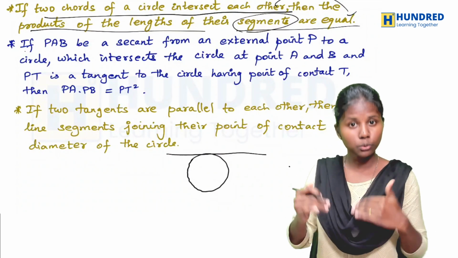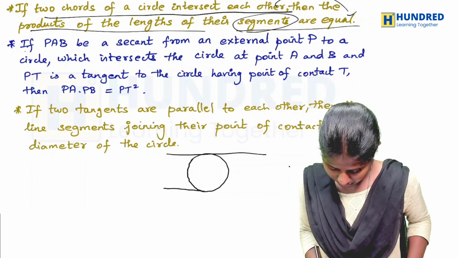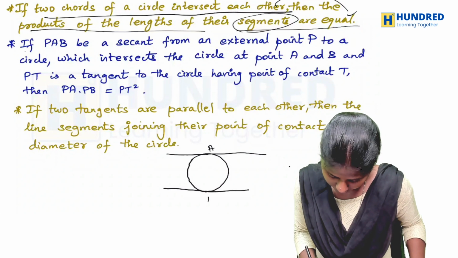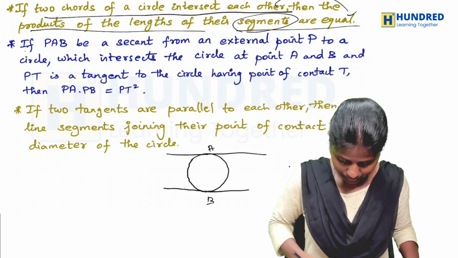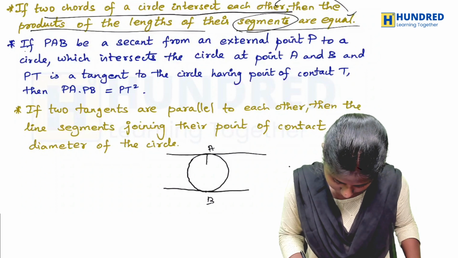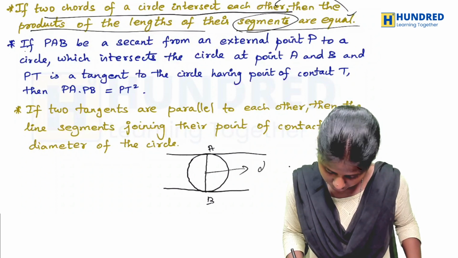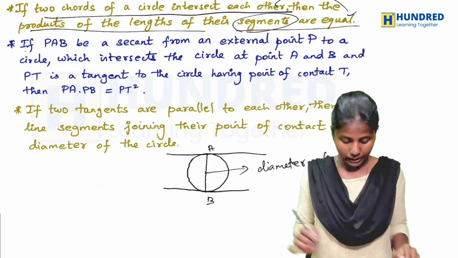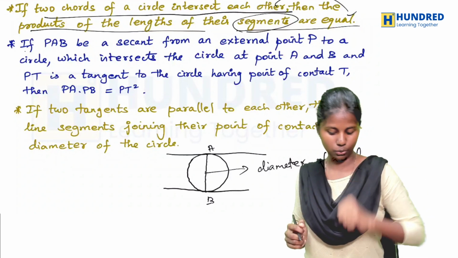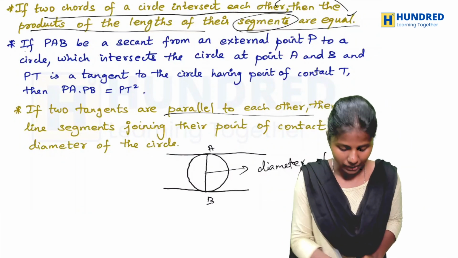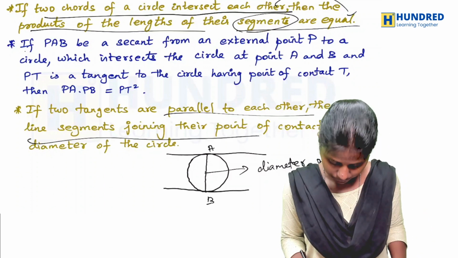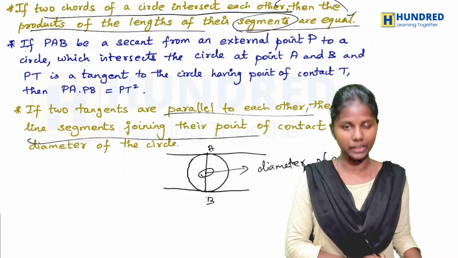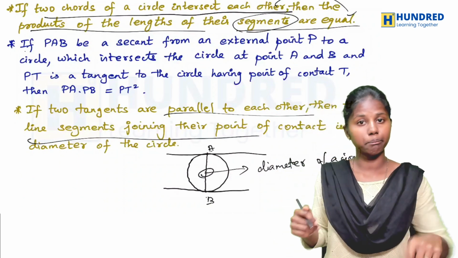I have to make these two tangents parallel, so I am making one on the upper side and the other which looks parallel, at points A and B. Then, if a line segment joins their points of contact, it must be a diameter of the circle when the two tangents are parallel to each other.